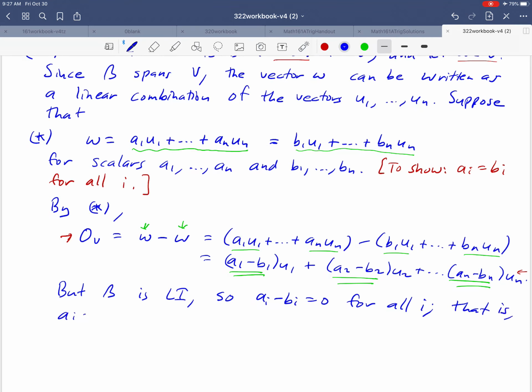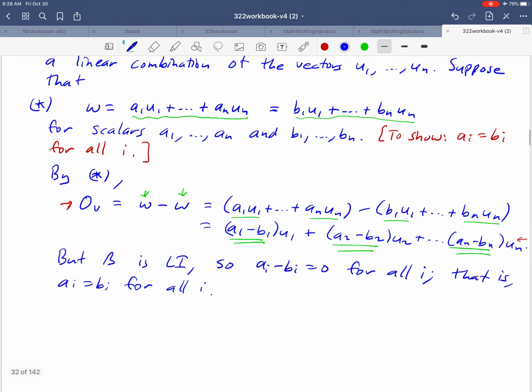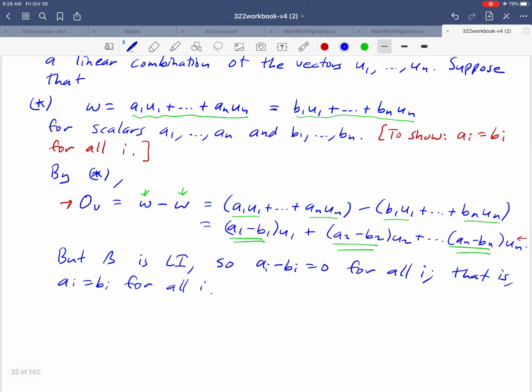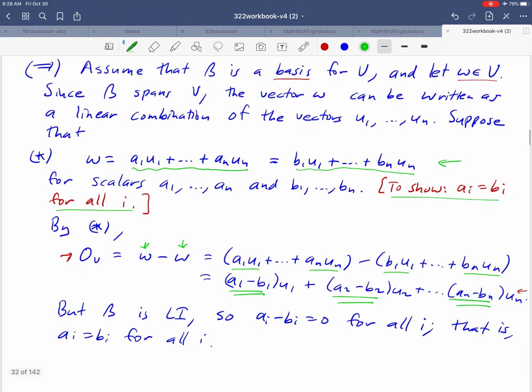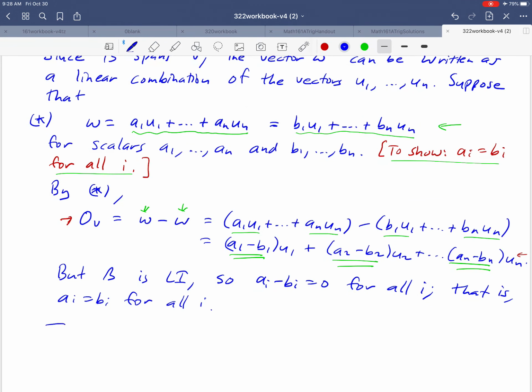That is, ai equals bi. Notice that that's exactly what we wanted to show. If you look back up a little farther, we wanted to show that ai is equal to bi. We've demonstrated that these two seemingly different ways of writing w are actually the same, and that's our proof in the forward direction. Again, I will leave it to you to think about the reverse direction.